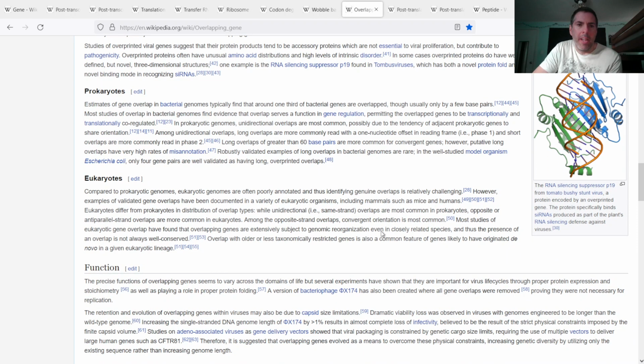And in eukaryotes, it's back at the DNA level, but there's overlap, and it's not on the same strand, so it's not on the same messenger RNA. There'll be 1 protein on one DNA strand and then a different protein on the other DNA strand, possibly frame shifted.